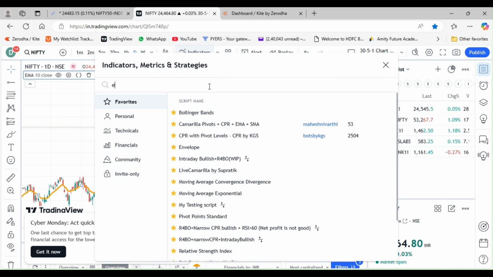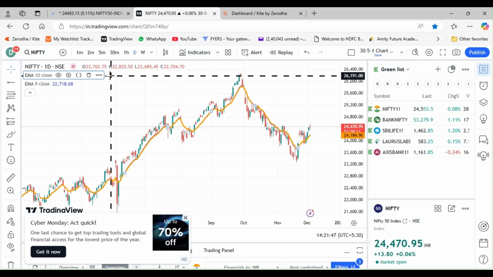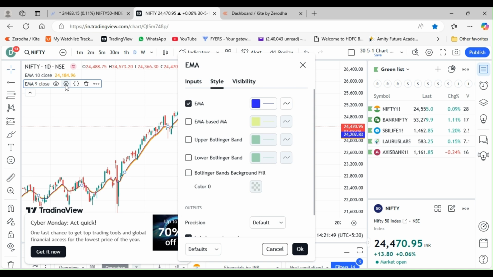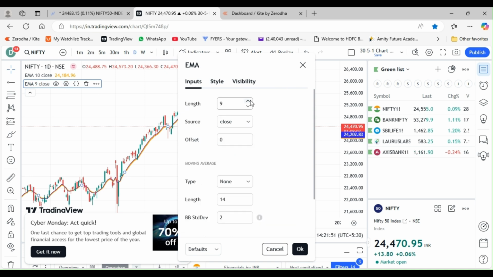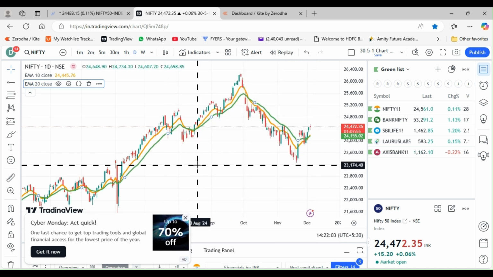And similarly, I'll add another EMA for 20 DEMA. Now the 20 DEMA EMA has already been created. I'll change it to 20 and I'll change the style to light green and thickness a little bold.